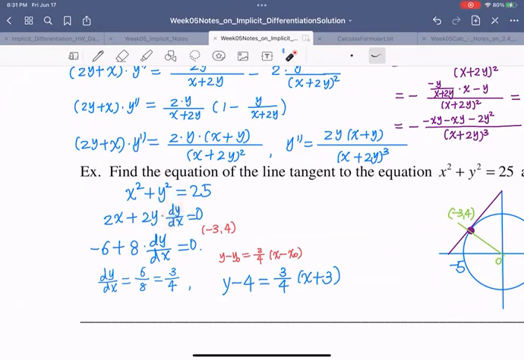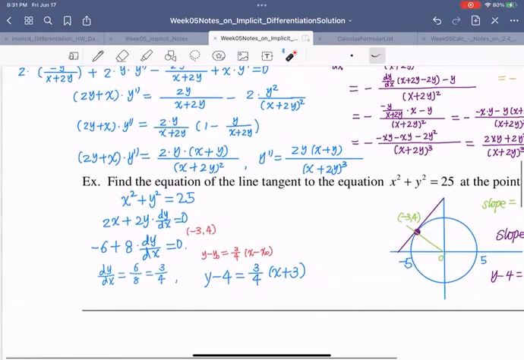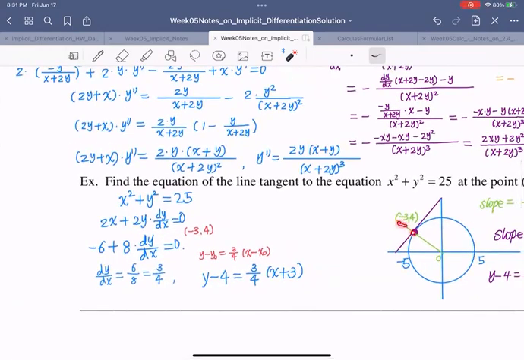Both ways are correct. And then you have this point, (-3, 4). So plugging in, -6 plus 8y times dy over dx, and your dy over dx will be 6 over 8. So your slope is 3 over 4.